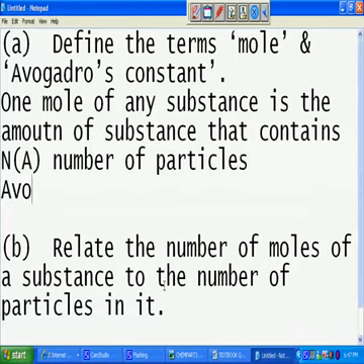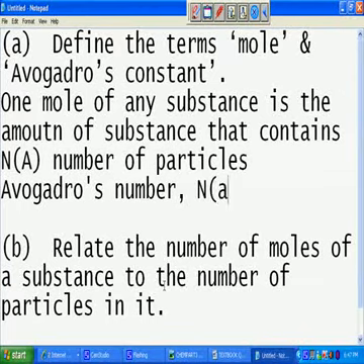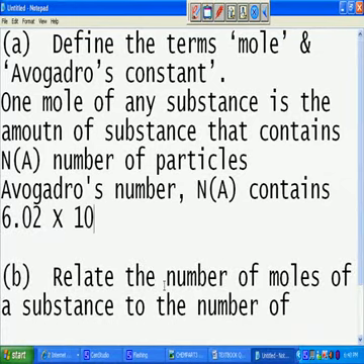So this Avogadro's number, which is Na, contains 6.02 times 10 power of 23 units. Alright, so this is how we define 1 mole and Avogadro's constant.